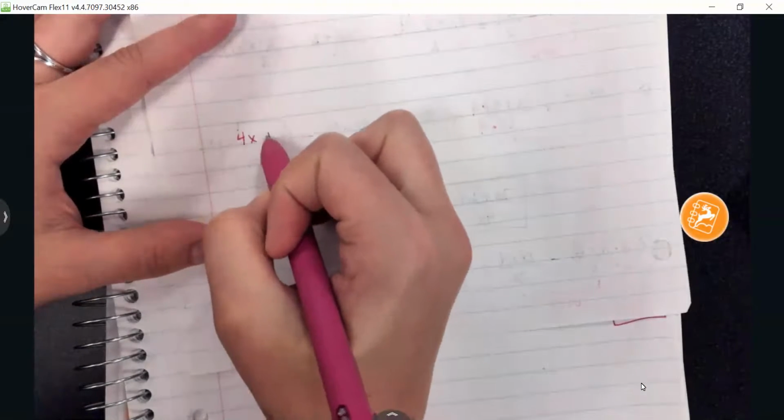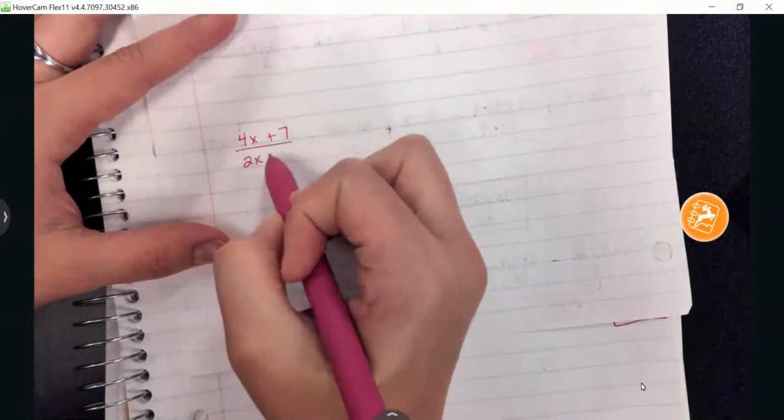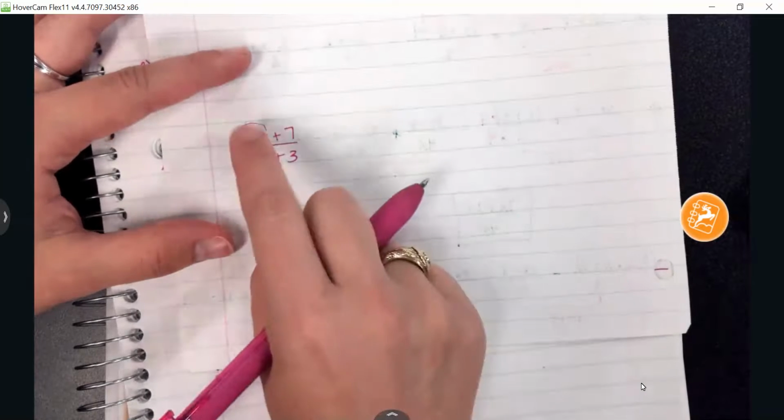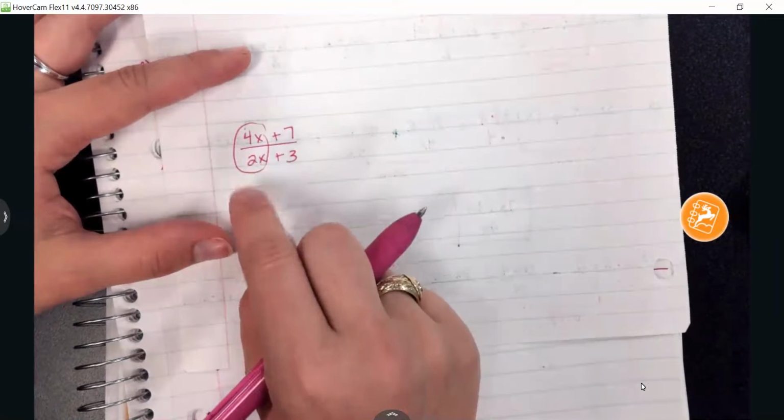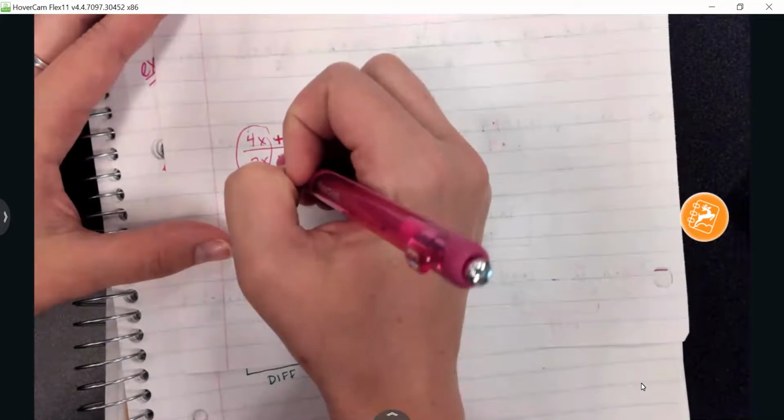I have 2 things to say real quick. I really need you paying attention. If I have a 4x plus 7 and a 2x plus 3, these right here cannot cancel. Why can't these do it? Because they're being attached with a plus sign.